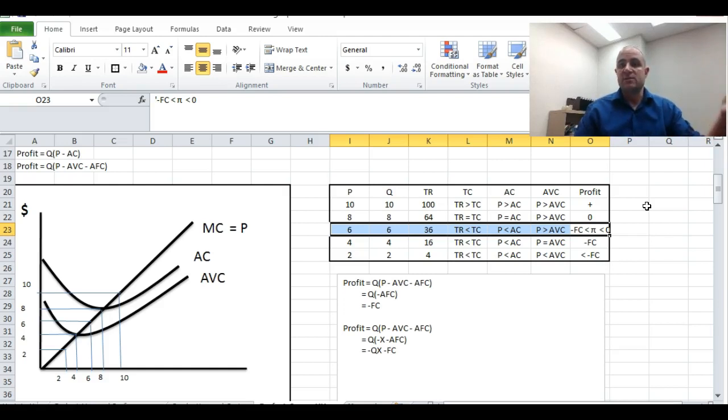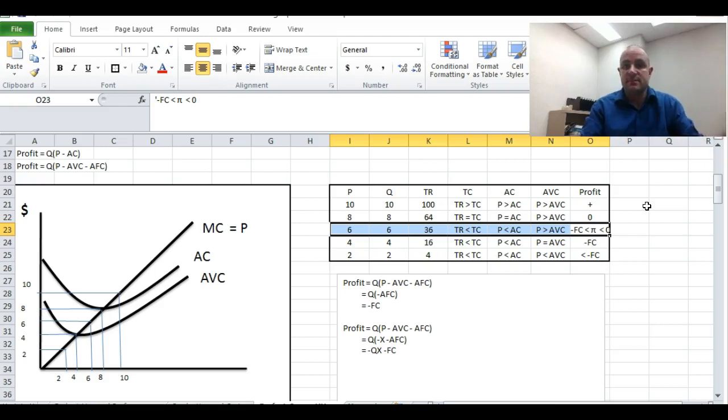So if you shut down, your profit is going to be minus $100. If you operate, however, your profit is going to be somewhere between 0 and minus 100. So let's say it's minus 50. So you could either shut down and make minus 100 or stay open and make minus 50.